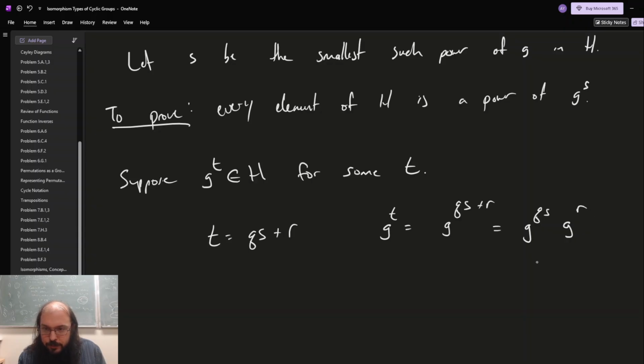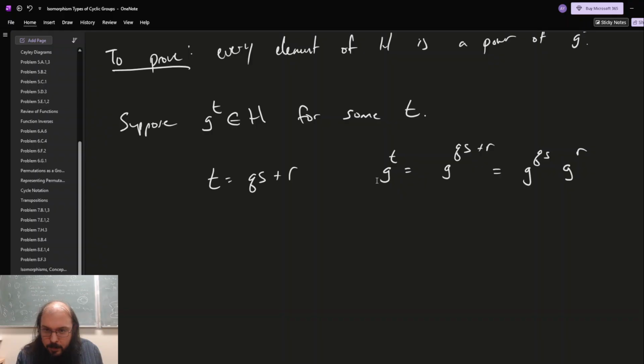And I want to prove that the element in here is a multiple of s. So it seems to me that the simplest way of doing that is to start by solving this for g to the r. So let me multiply both sides of this equation by g to the minus qs. And of course, on the other side, they just cancel. And then we can do a little bit of rearranging if we want to.